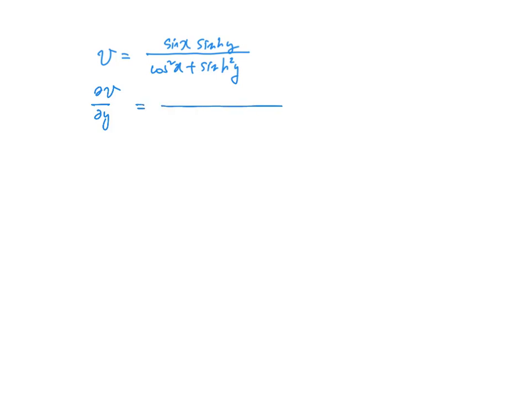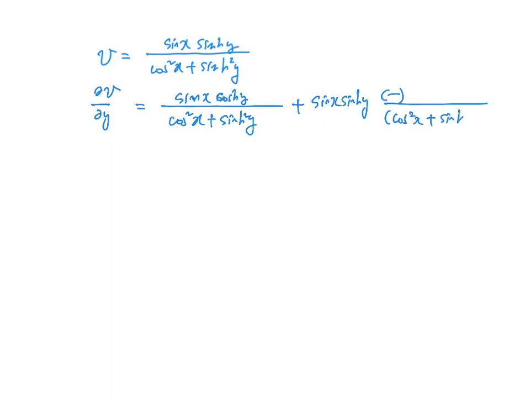So we first differentiate the numerator: sine x cosine hyperbolic y over cosine square x plus sine hyperbolic square y, right? Plus sine x sine hyperbolic y, you have minus over cosine square x plus sine hyperbolic square y, squared, and twice sine hyperbolic y cosine hyperbolic y.